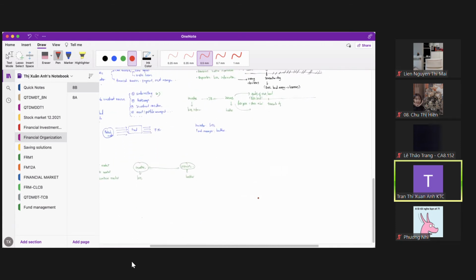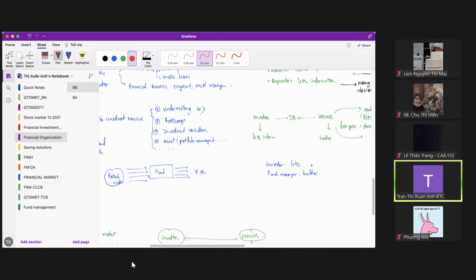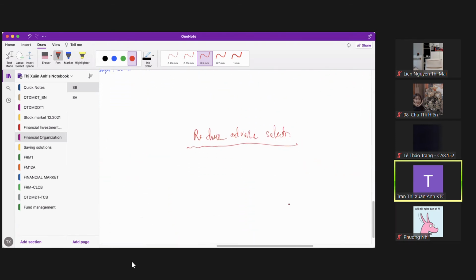Here, they need to reduce adverse selection. In fact, the government can use some main ways, some main solutions, to solve adverse selection. So the first one we call information production.